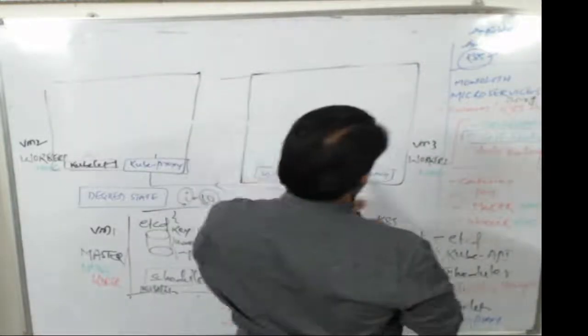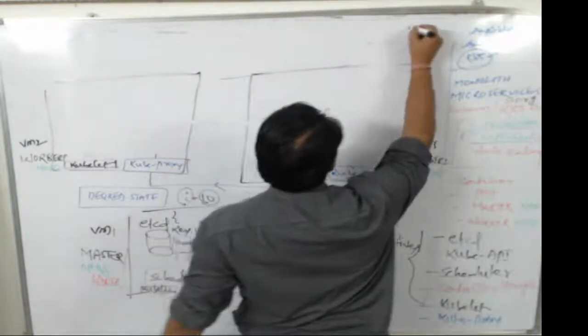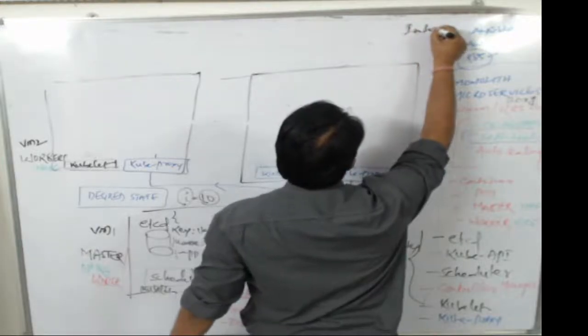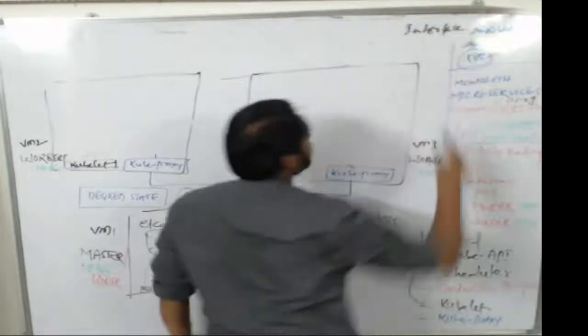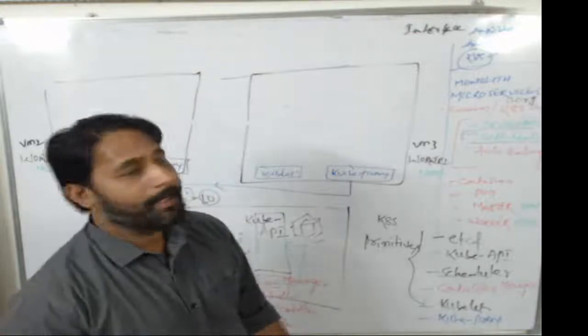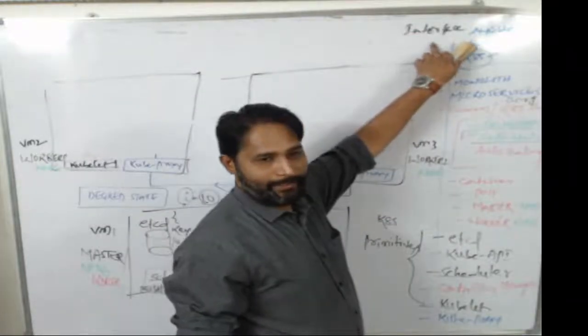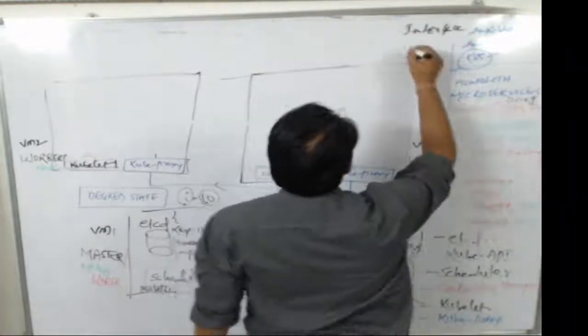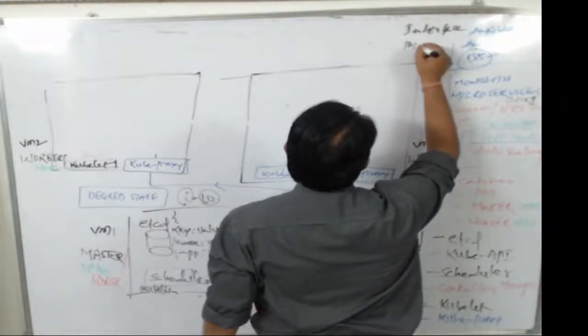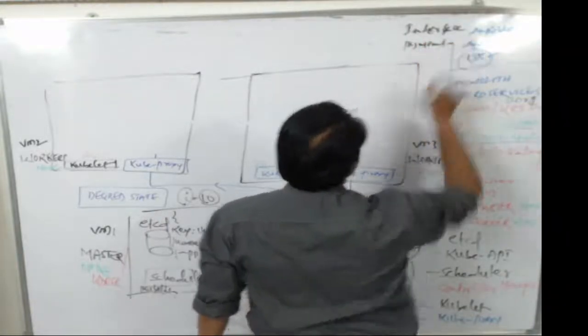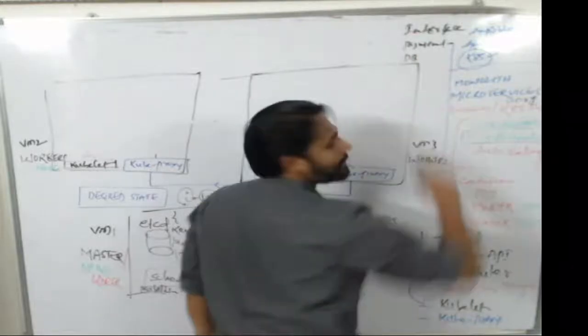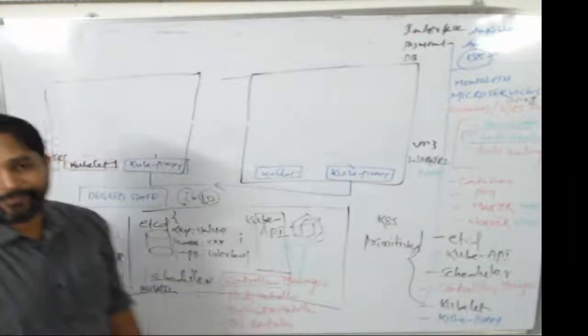Let's pick up 3. So we have interface, a container that has all the software related to the front end interface, right? Then we will have payment gateway, and we have a database.